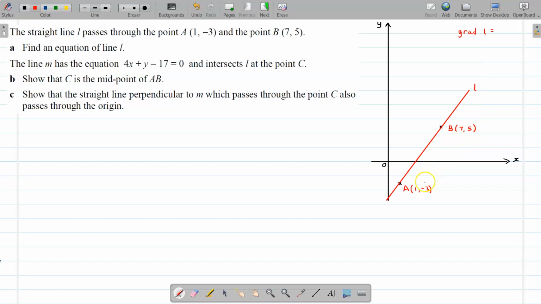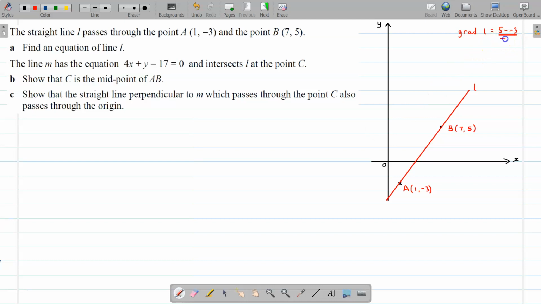So it's 5 take away minus 3, which is the same as 5 plus 3, and that has to be divided by the change in x, which is 7 take away 1.